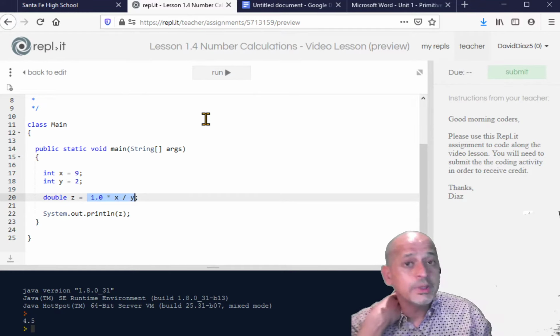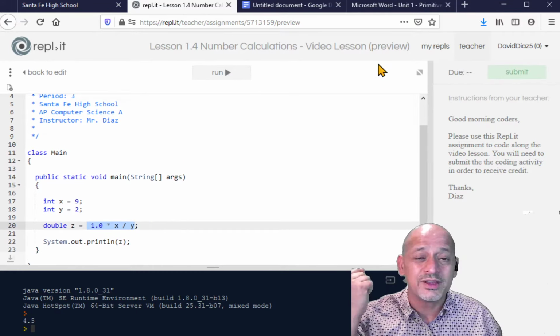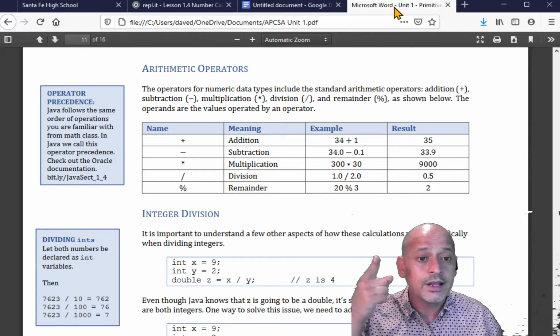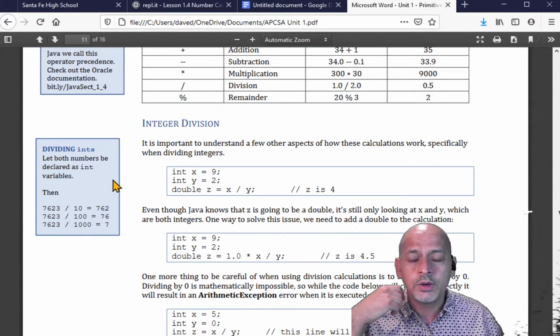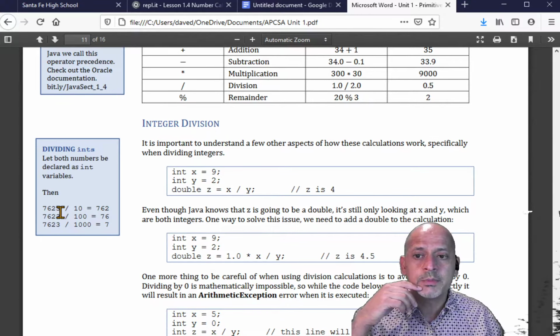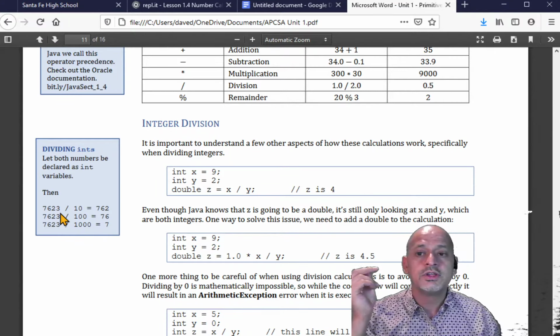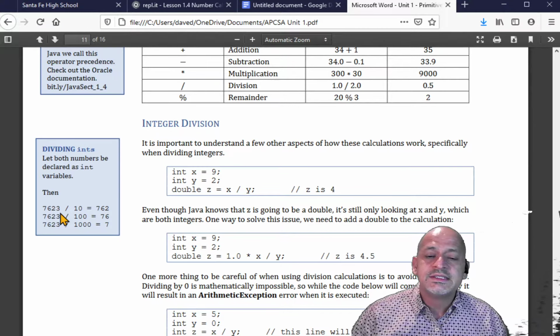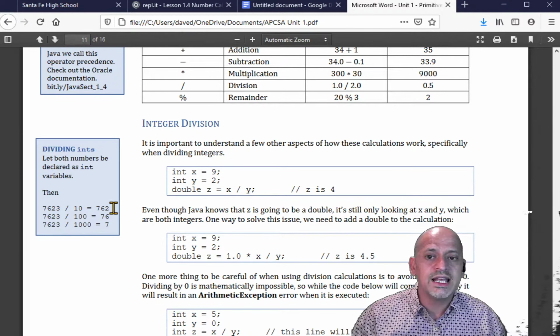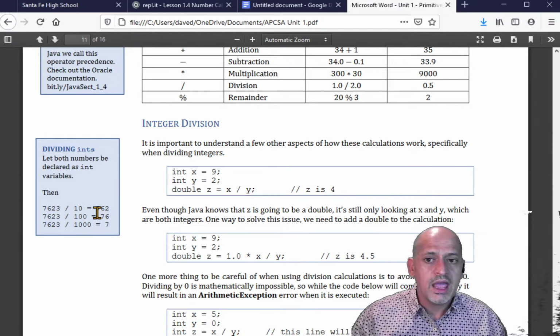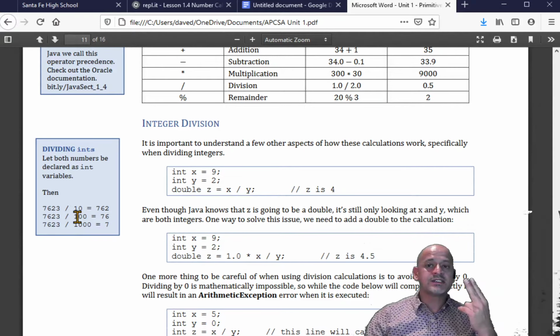Now, there are going to be times that you actually do want to get rid of it. So I did not type this into your notes, but if you guys can take some time to write this in your notes, there are going to be times that we just want to chop the last number off. So if I do 7,623 divided by 10, we just lose the last number and we end up with 762. And if we take that number and divide by 100, we lose the last two digits, right?